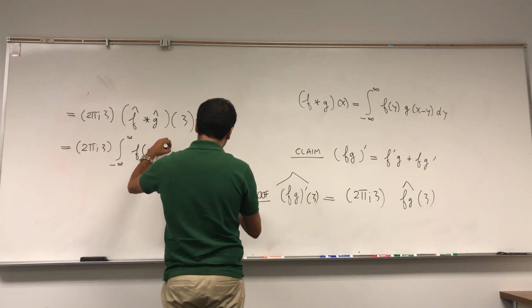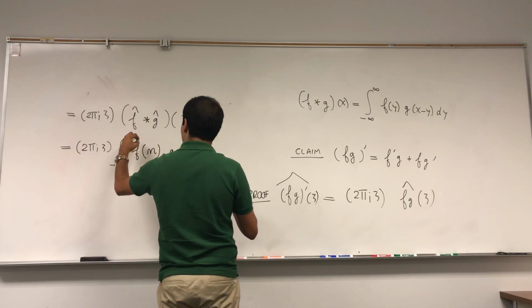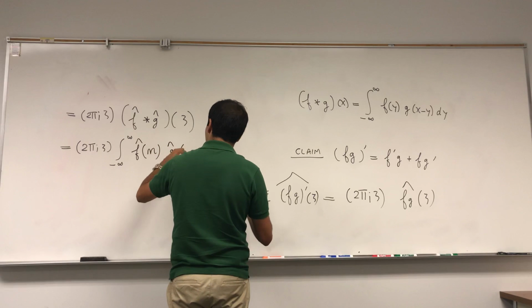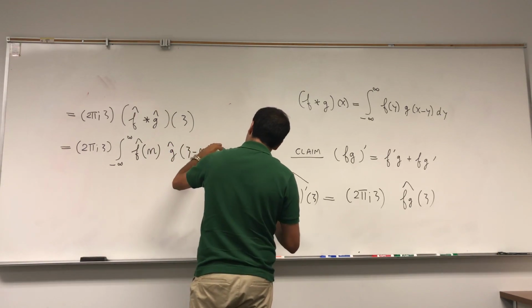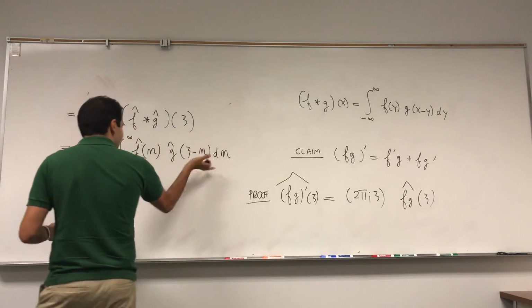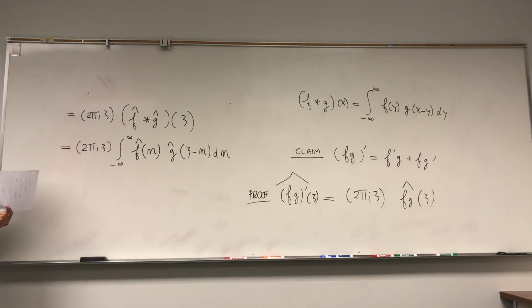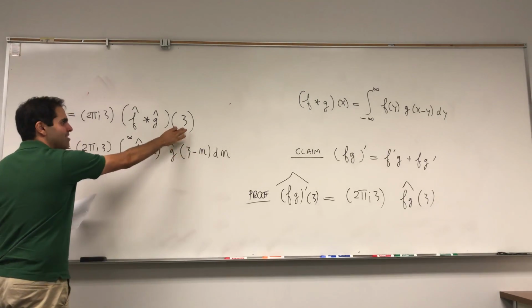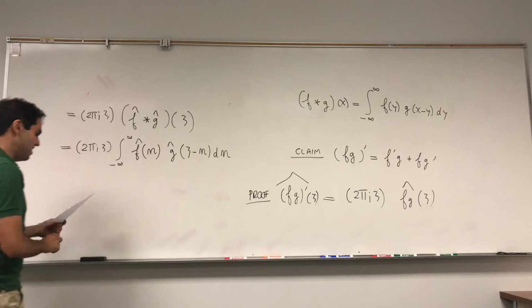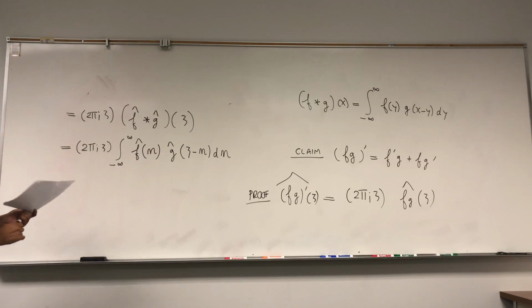So f hat of eta, g hat of xi minus eta, d eta. Very confusing because we added some Greek to it, but remember the sum of those two has to be this variable, so the sum is xi.